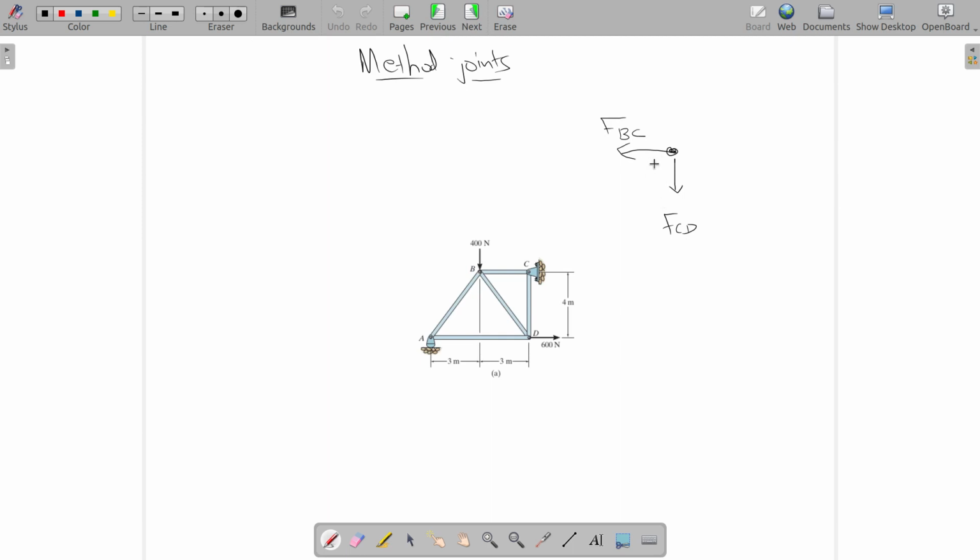So FBC and FCD, these are the member forces. Now support reaction: this is a fixed support, so the direction of support reaction will be arbitrary.